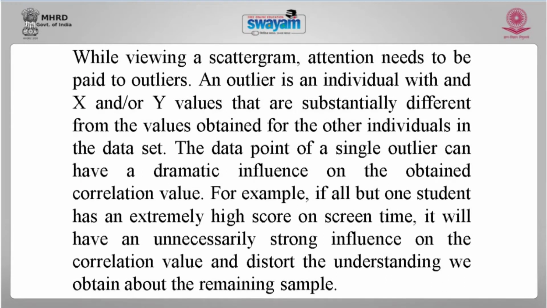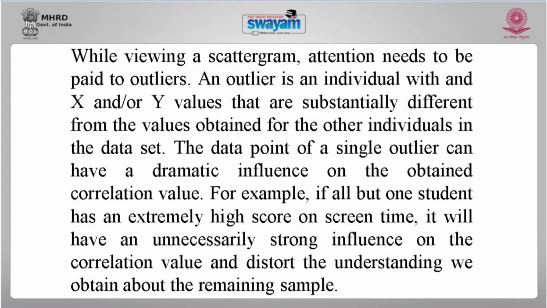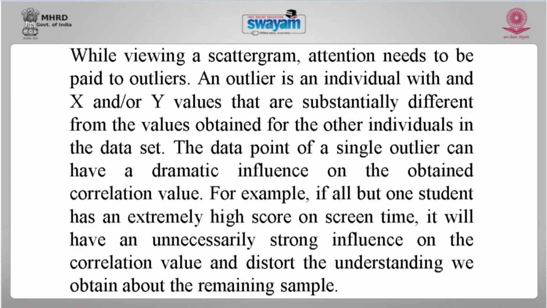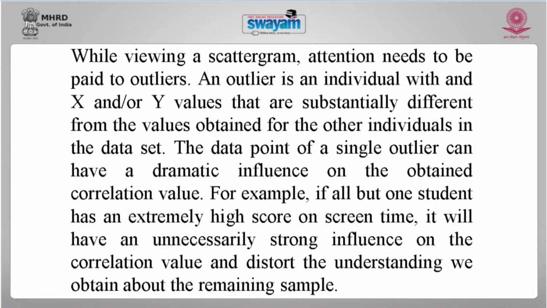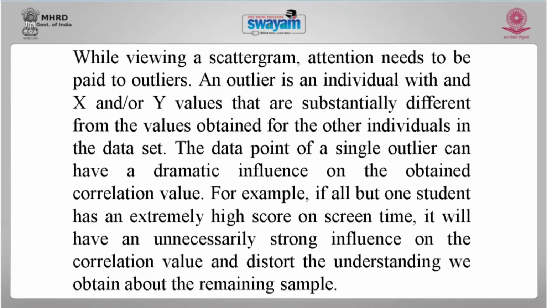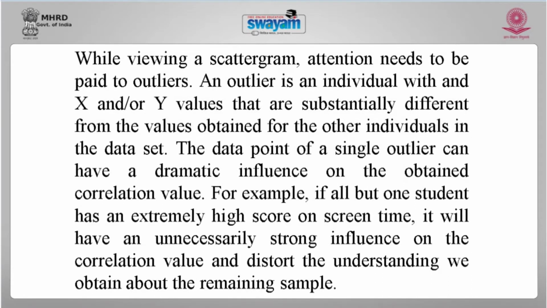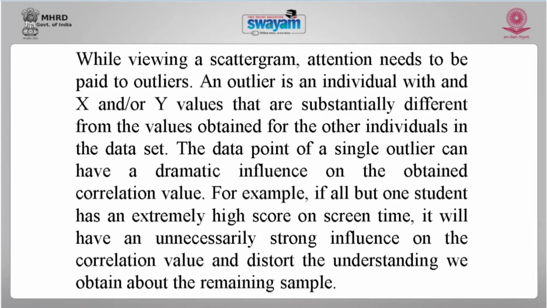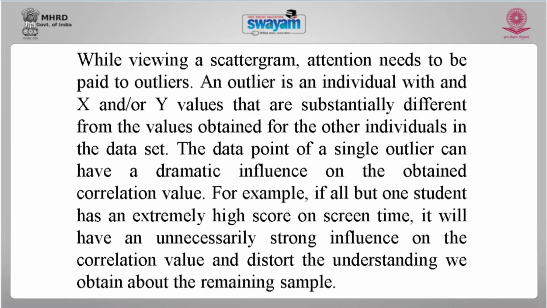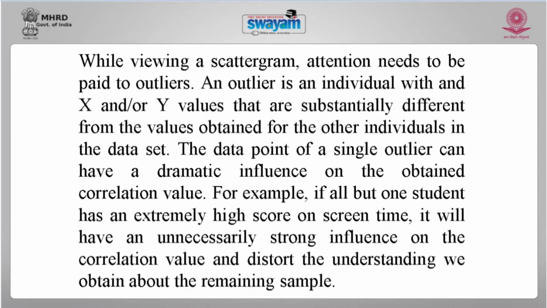The data point of a single outlier can have a dramatic influence on the obtained correlation value. For example, if all but one student has an extremely high score on screen time, it will have an unnecessarily strong influence on the correlation value and distort the understanding we obtain about the remaining sample.